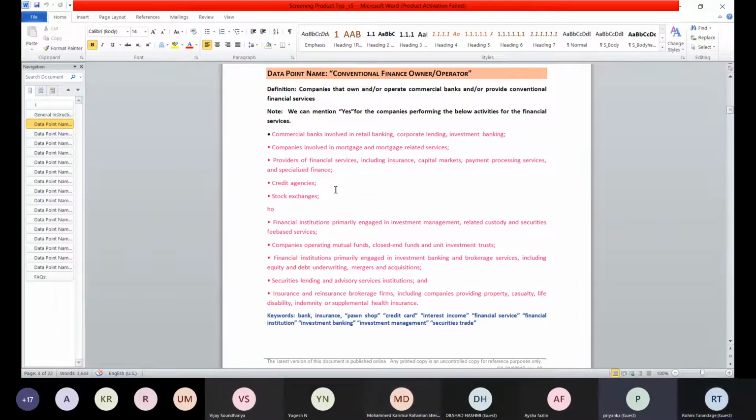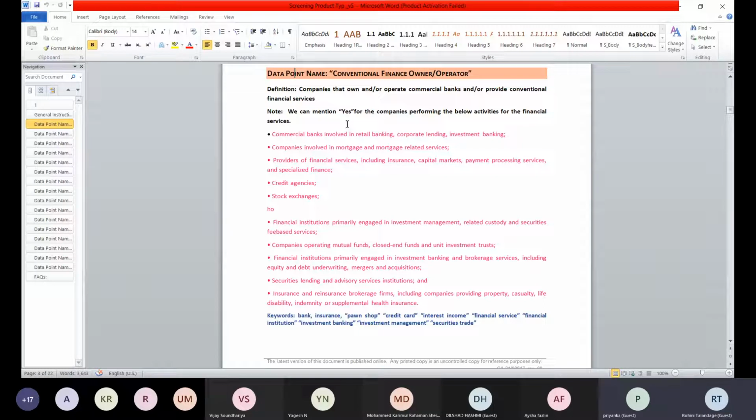Now here we have some keywords like bank, insurance, credit card, interest income, financial service. If you search with these keywords and find that any company is providing commercial banking services like retail banking or corporate lending, mortgage loans, or any financial services like insurance, payment processing services, all these come under commercial banks.